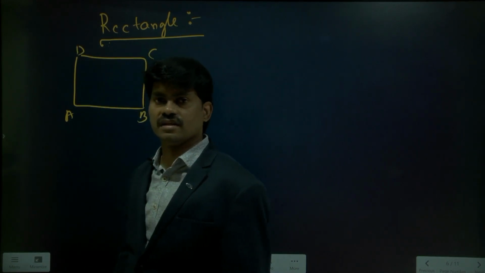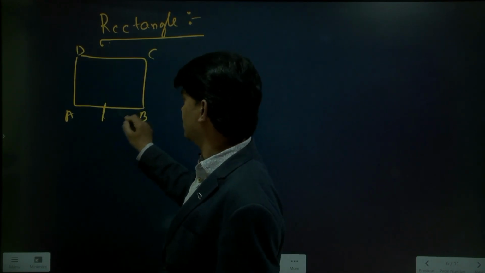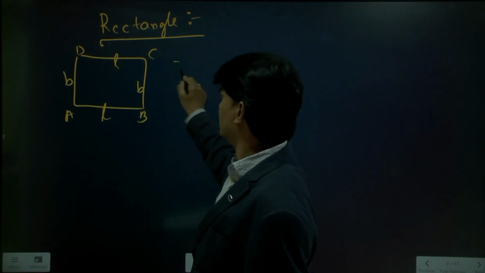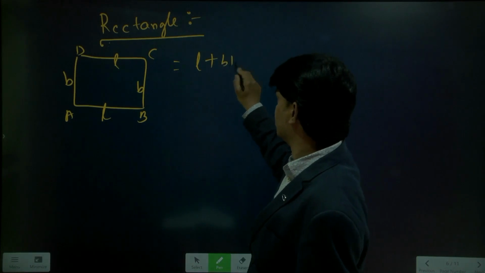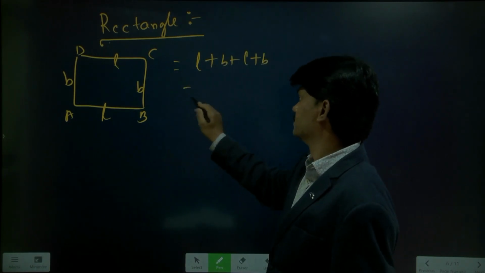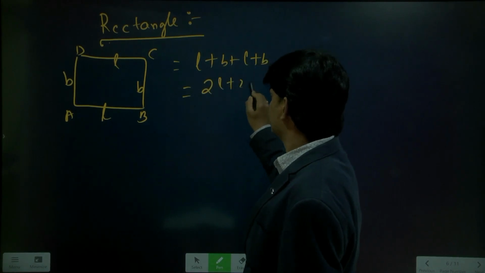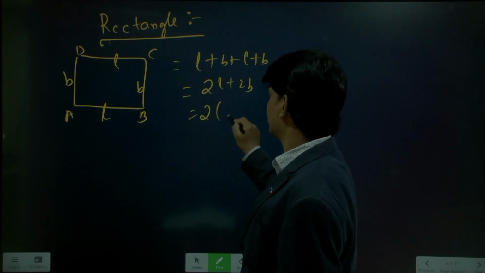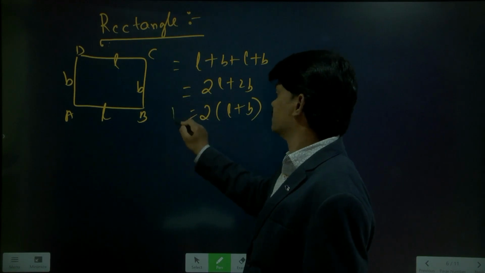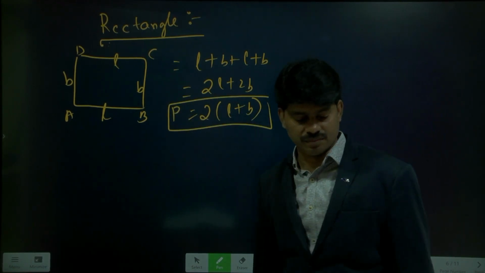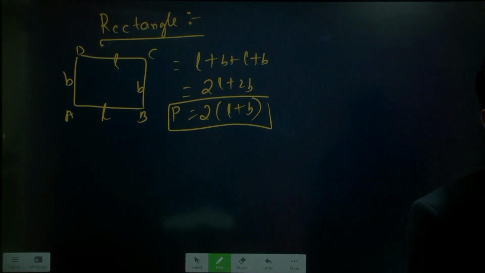Let's see, this is a rectangle. The length is L, breadth is B. Now add all the sides: L plus B plus L plus B. How many L's are there here? 2 L's and 2 B's. Take out 2 as common. Perimeter of rectangle is equal to 2 of L plus B.